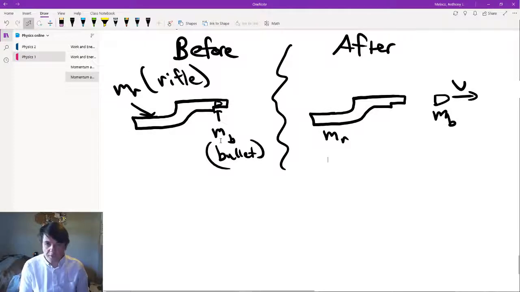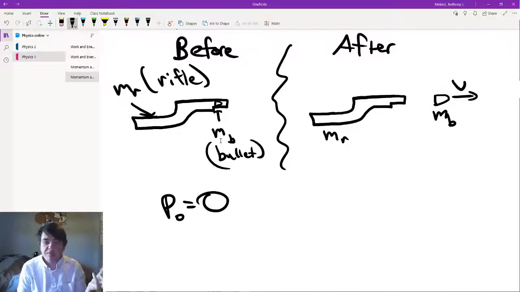So now we need to figure out our momentums. P initial. What's happening initially? Nothing. You're not shooting the bullet yet. The rifle's not moving, so it's just 0. You have the mass of the bullet times its velocity, but velocity is 0, so we don't have to worry about that. But P final is going to be composed of a couple things.